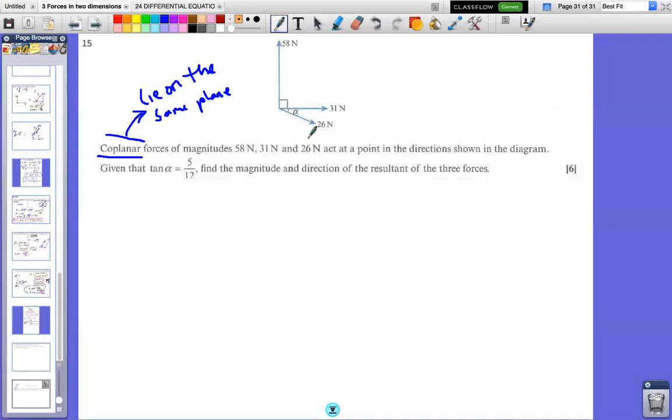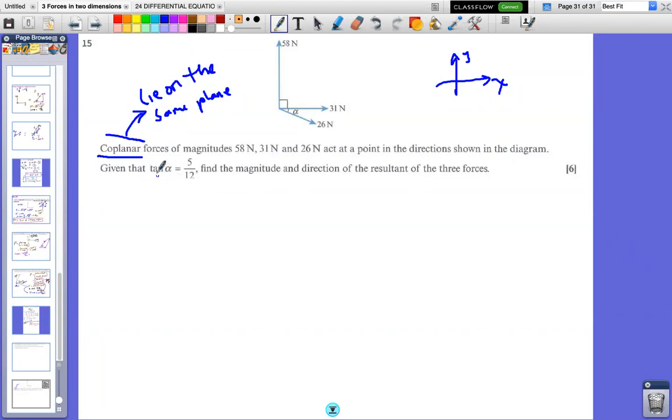When they say coplanar forces, they are telling you that you can just use two perpendicular directions, the y and the x directions. No z direction. So coplanar forces of magnitude this, that, and that act at a point in the direction shown in this diagram.